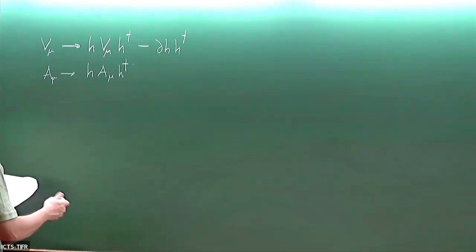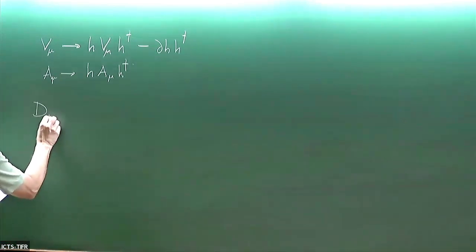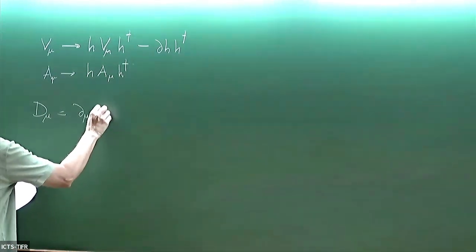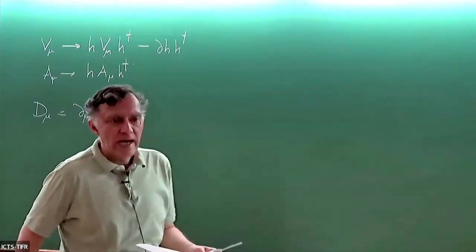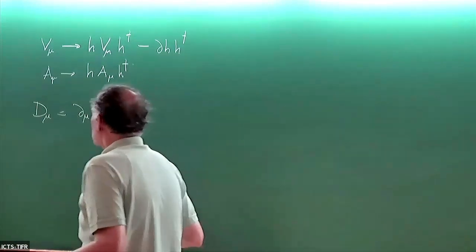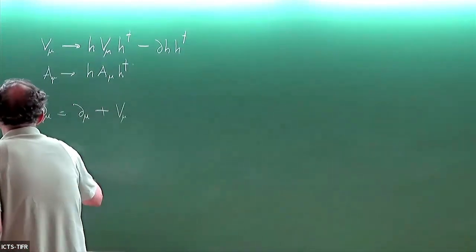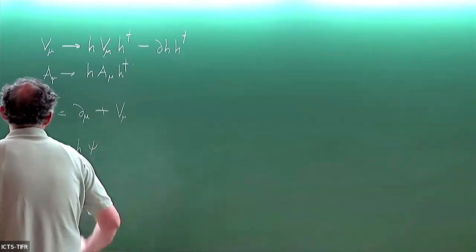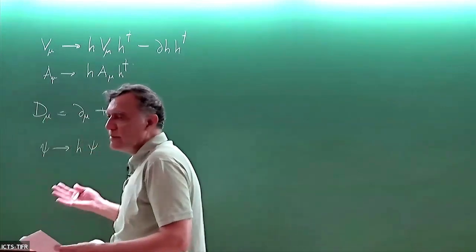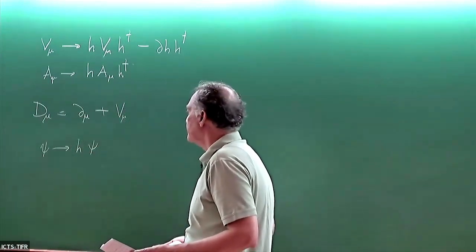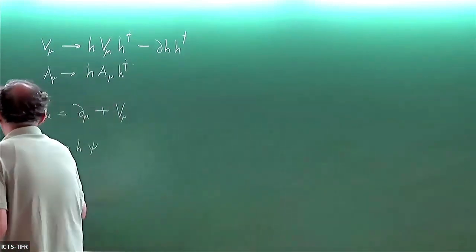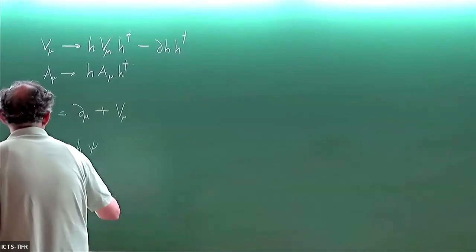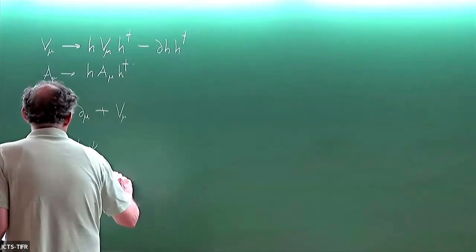And I can define a chiral covariant derivative, which is ∂_mu plus V_mu. And if I have a field psi which transforms with H, and remember H depends on x, so this is like a local transformation, then ∂_mu psi will transform like H ∂_mu psi.